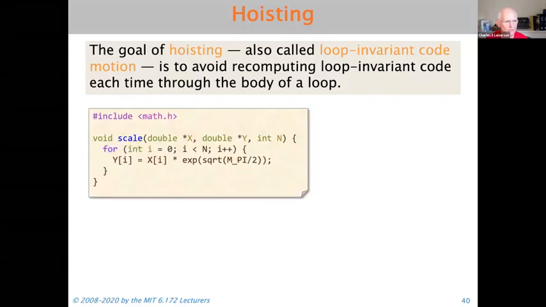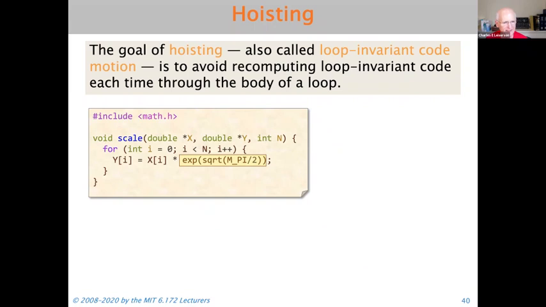So for example, suppose we have this simple piece of code. Here we're going to scale the vector x by this complicated expression, the exponential of the square root of pi over 2. Now it turns out that every time through this loop, we're computing this expensive operation. Exponential is expensive and square root is expensive.